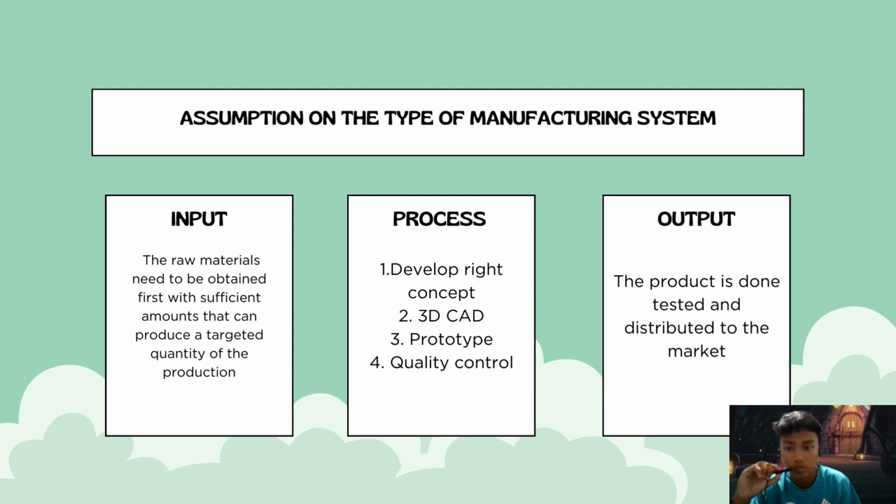First, we develop the concept, finalize the plan, and then make the 3D CAD, which is SolidWorks or any other CAD, and a prototype. This is for testing in the real world, and lastly quality control, which is to check for defects. Then the output: the product is tested and distributed to the market.